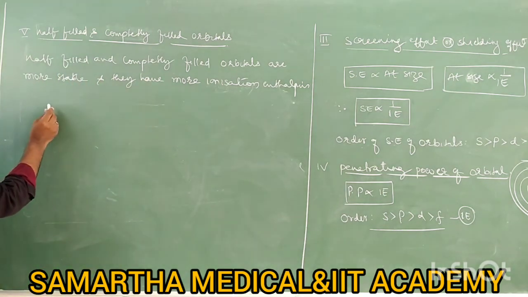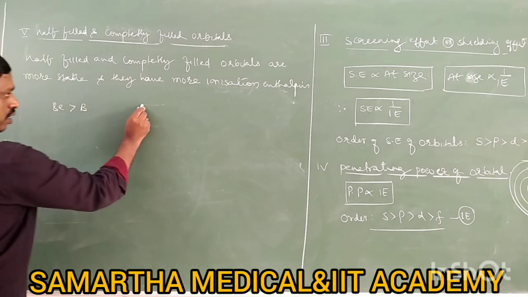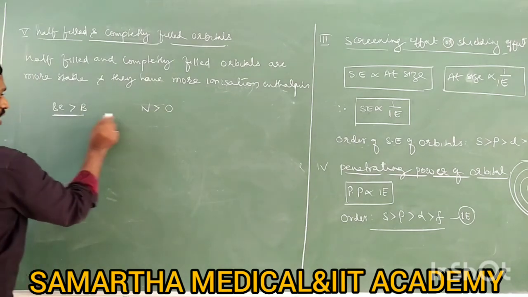An example we have studied: beryllium is more than boron, and nitrogen is more than oxygen. These two are exceptional cases.